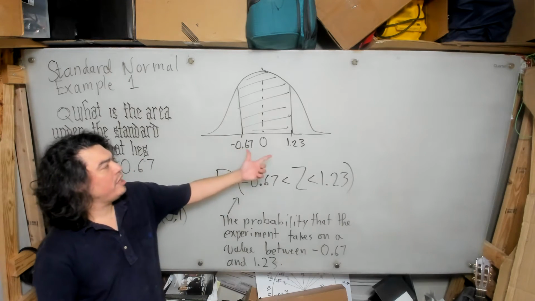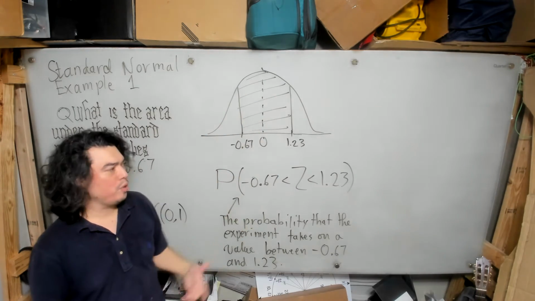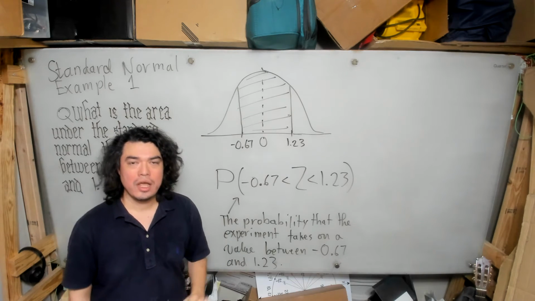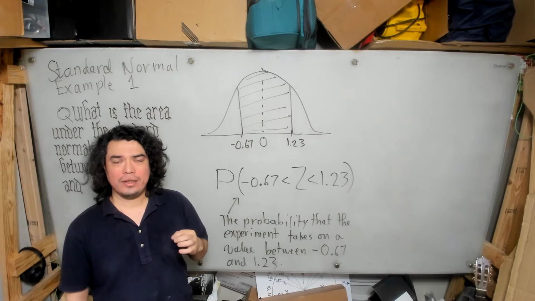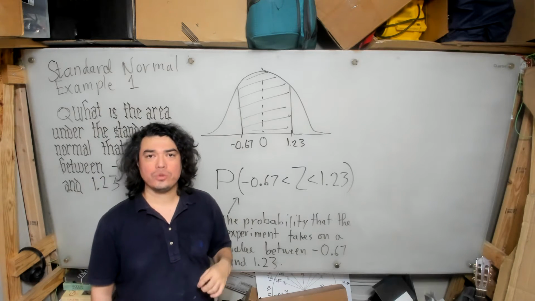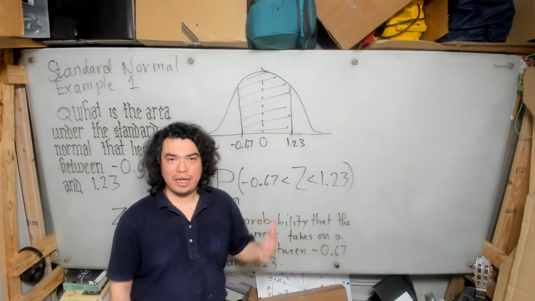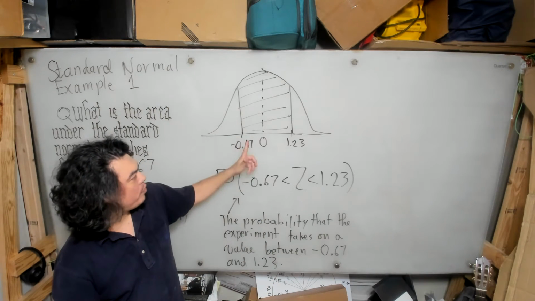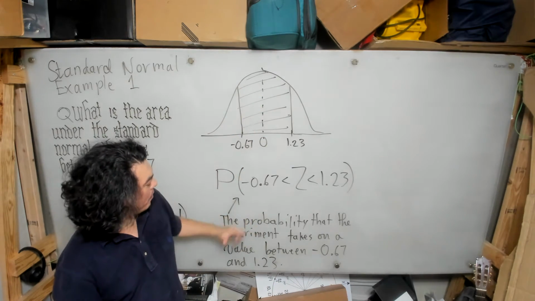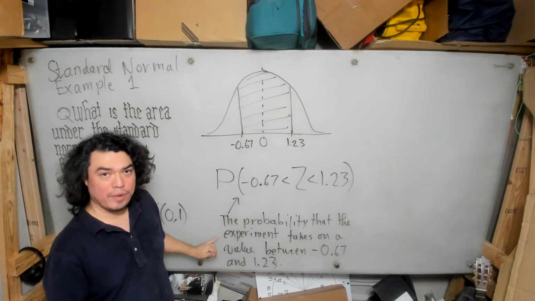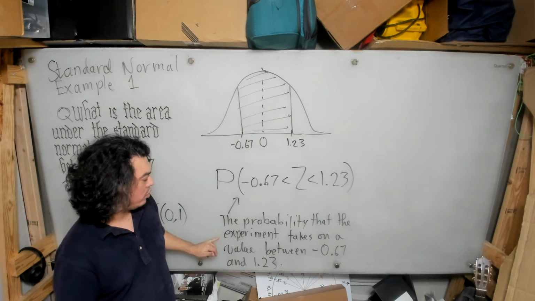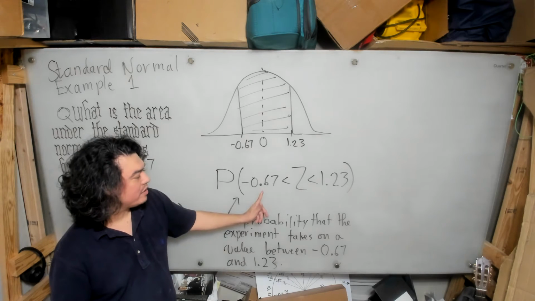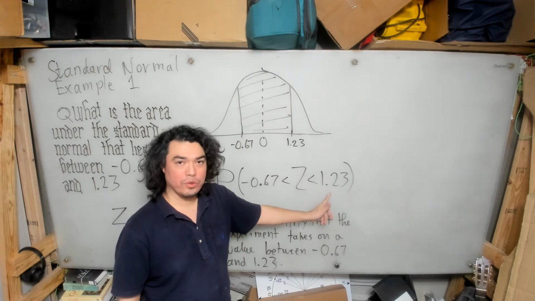So the interpretation of this area would be as follows. If we had an experiment which was modeled by the standard normal, then we could interpret this area as the probability that that experiment takes on a value between negative 0.67 and 1.23.